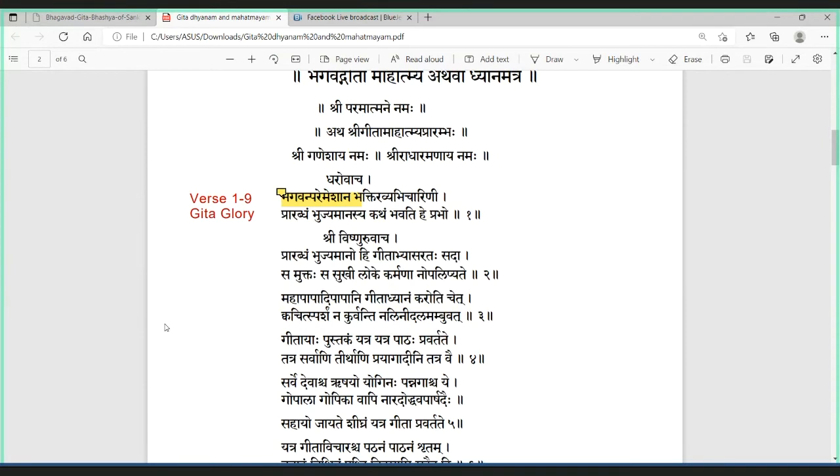So Dharti is asking Bhagwan, He Prabho, Param Isha, you are the Param Isha, the Lord, highest. Prarabdham Bhujyamanasya. Bhujyaman means one who is experiencing, in the present participle. Prarabdh which is being experienced.